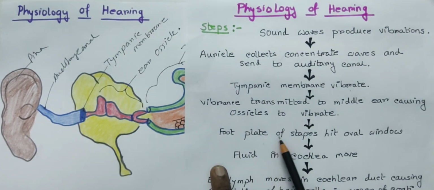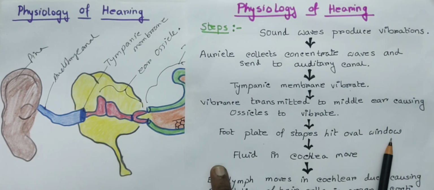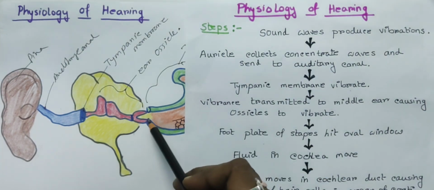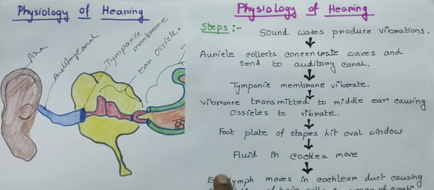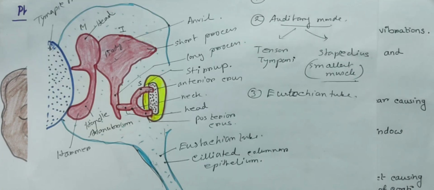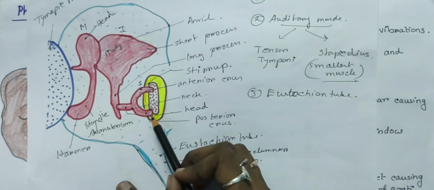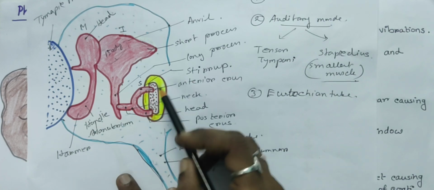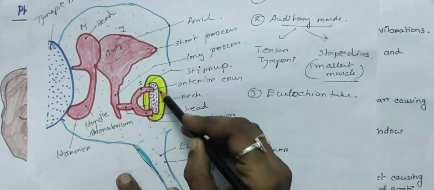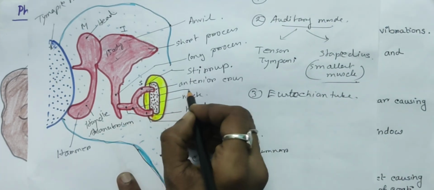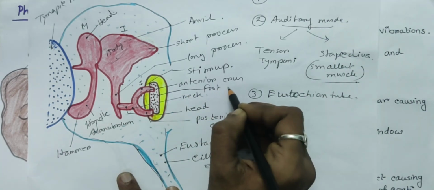Foot plate of stapes hits the oval window. Look, what is the foot plate? I have to explain. Look at this diagram. This is the anterior crus and posterior crus. The foot is attached with a plate. That dotted part is called the foot plate.